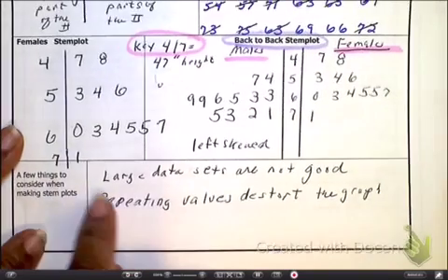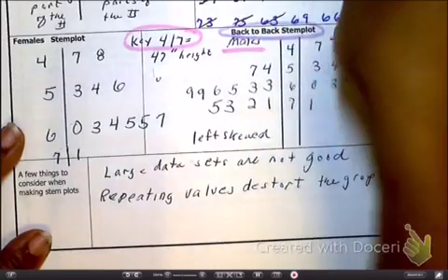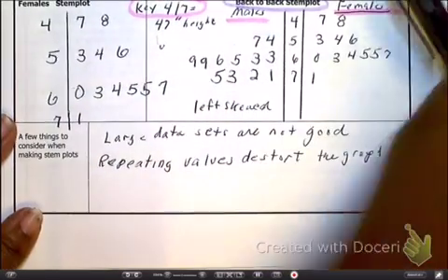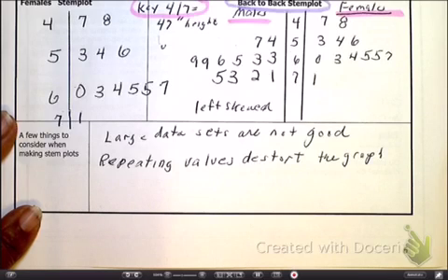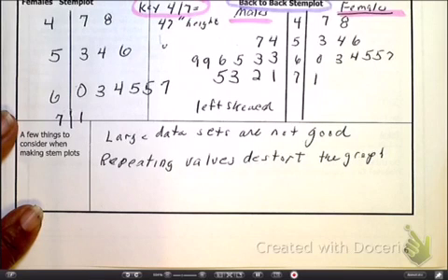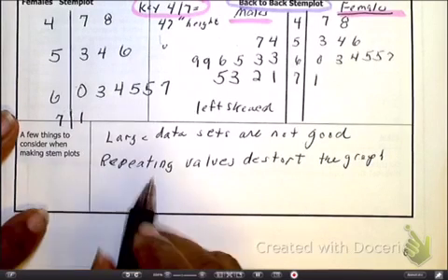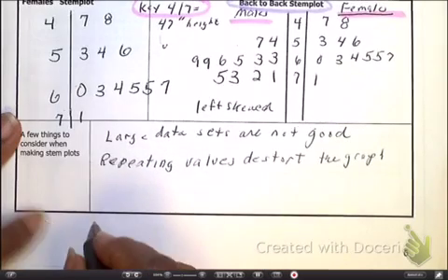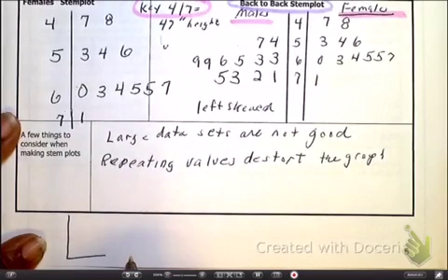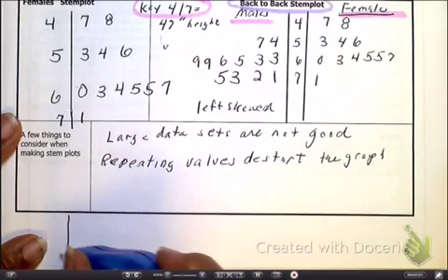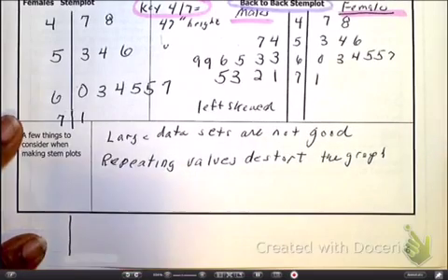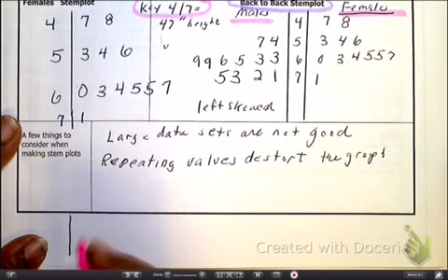The two major things here: as we look at a stem plot, it's an easy way of organizing things. We can see how we can group it. We can see how the distribution is described with our SOCS. But if we have a large data set, and let's say we have something like this, and I didn't mean to draw this, I'm going to use pink dots to represent the numbers.